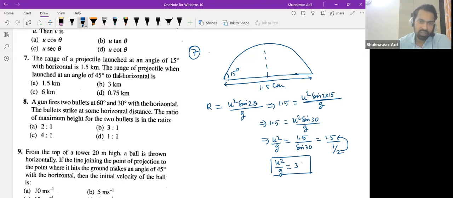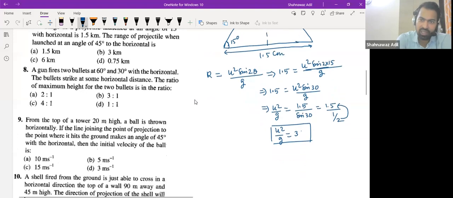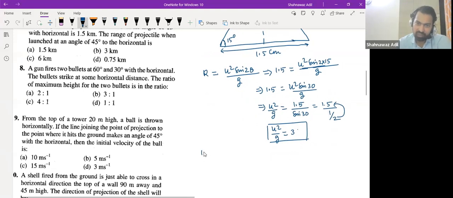Now the range of the projectile when launched at an angle of 45 degrees to the horizontal. The theta has become 45 degrees. The new range would be u square by g sine of 2 into 45, since the initial velocity and g are the same and only the angle is changing.